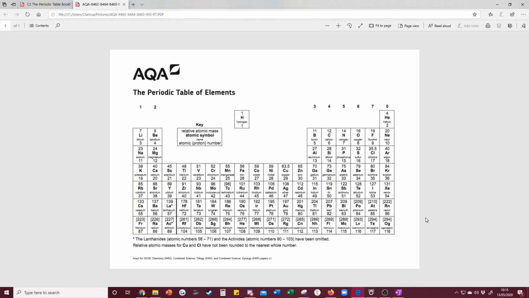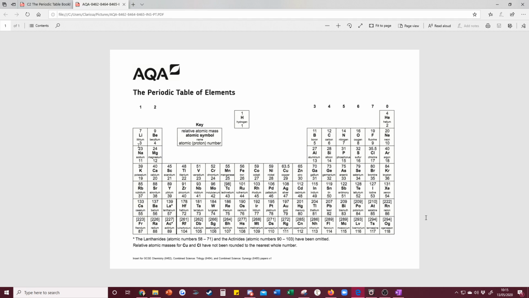Now, because you know that the number of negative charges has to balance the number of positive charges, we can also say that the bottom number is going to be the same as the number of electrons we have if the atom is balanced.